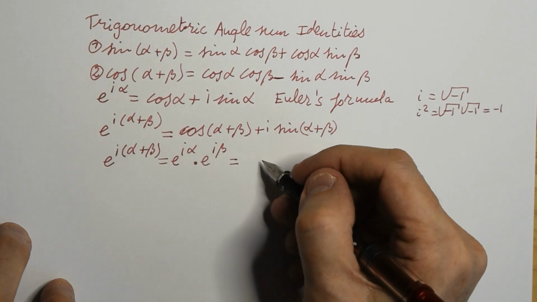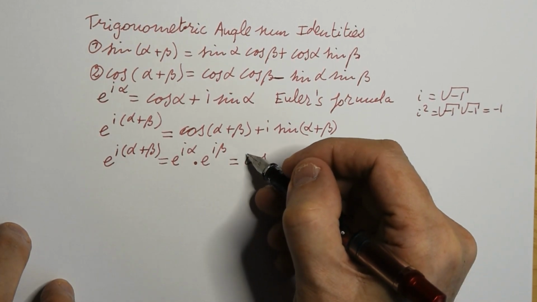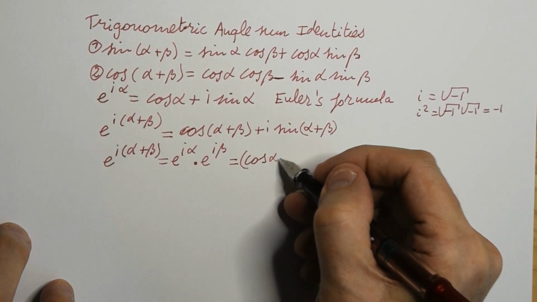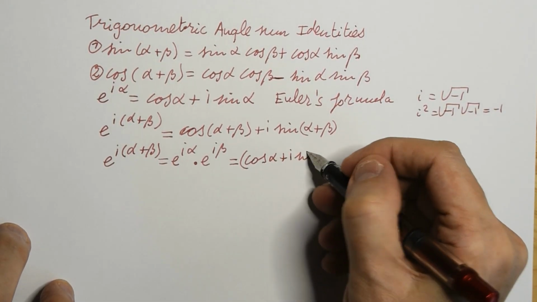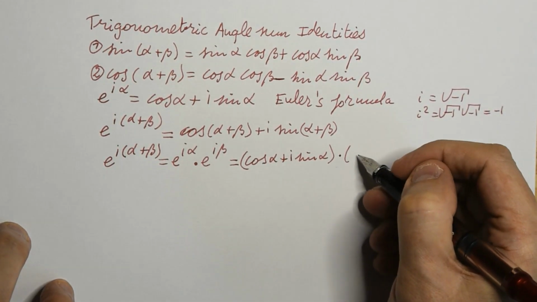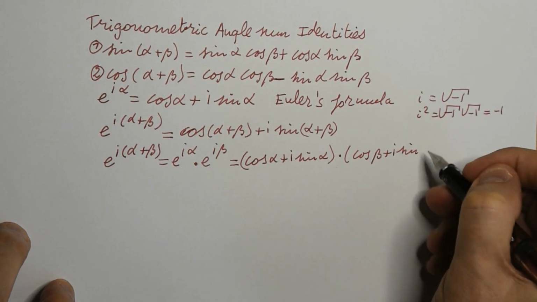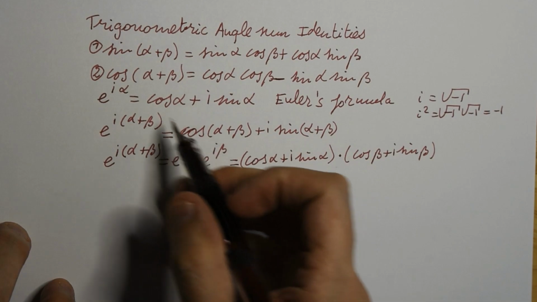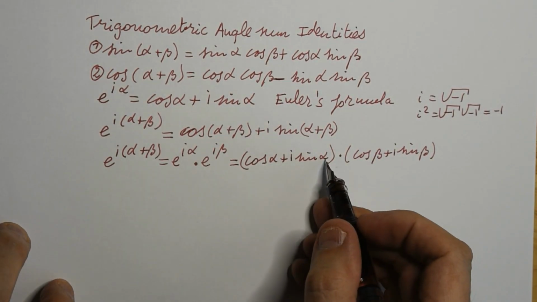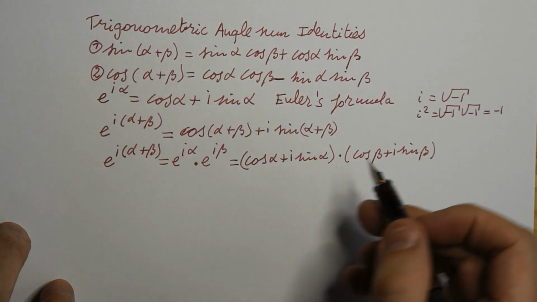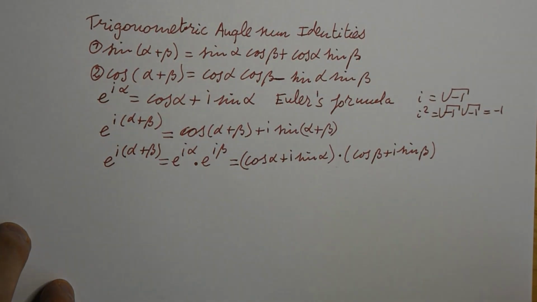So we write this out and we say, okay, this is cosine alpha plus i sine alpha times cosine beta plus i sine beta. Right? We just filled out the definition of Euler's formula in both forms here, and this is the result.